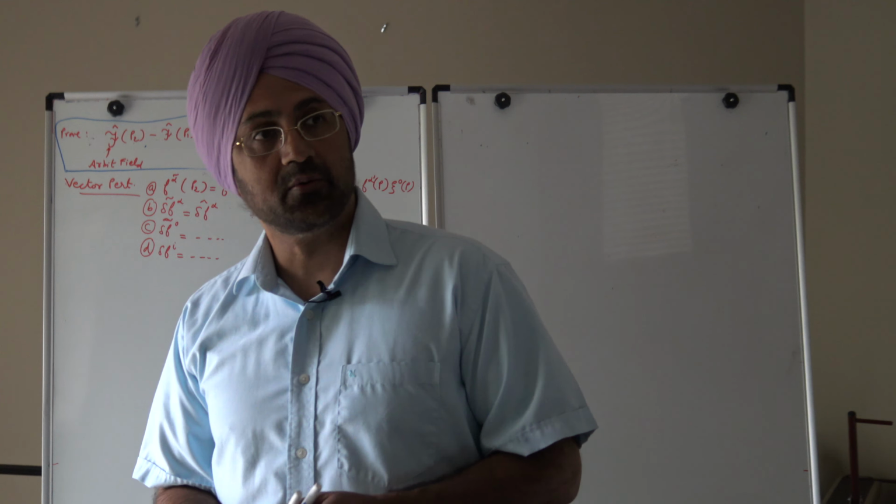F bar beta is the value of the vector quantity in the background universe, and we have seen that for a vector quantity in the background universe, its spatial components are 0. Am I right? So just think about what we can further do in order to simplify this.